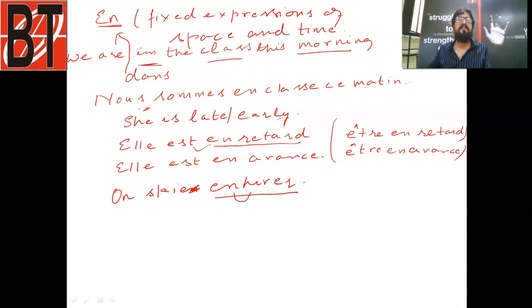Why I'm taking the example of skiing? Because it's a common sport in French. So I suppose this is clear to you, and when you use this इसके और भी बहुत सारे use होते हैं, but first of all let us fix ourselves to this use of en.